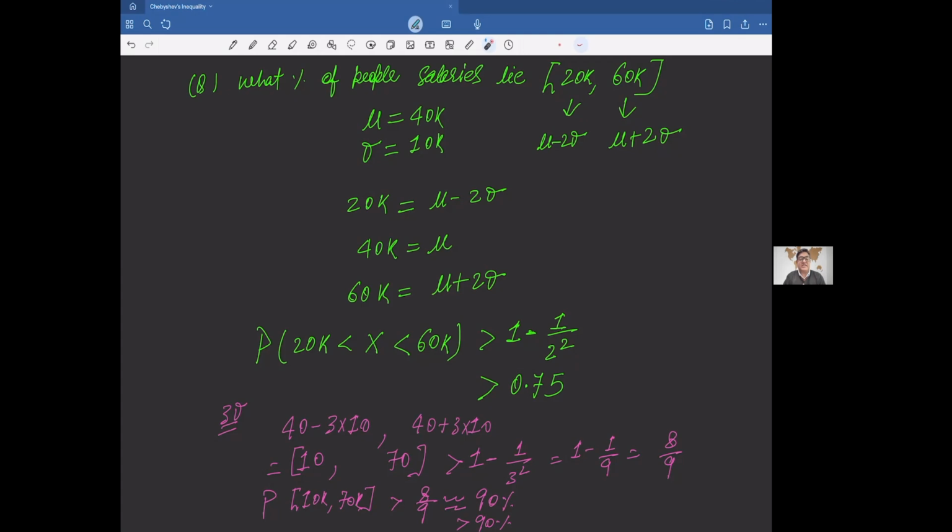That is one of the biggest applications of Chebyshev's inequality in practice. What it literally says is the minimum percentage of points that will lie within k standard deviations around the mean. This can answer a lot of interesting questions, as we have seen in this simple salaries example.